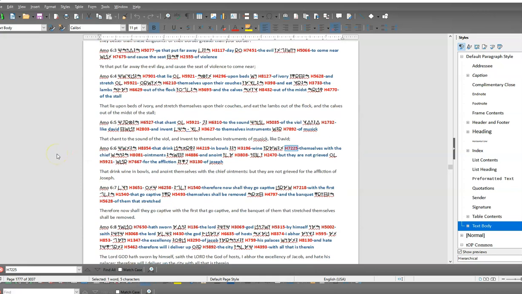Continuing on to 6:6, that drink wine in bowls and anoint themselves with the what? Chief ointments. Because what are they going to say? That anoint themselves with the best? And it's reshit shemanim, so the best. Usually shemen, they say, is fats or oil, maybe ointments.